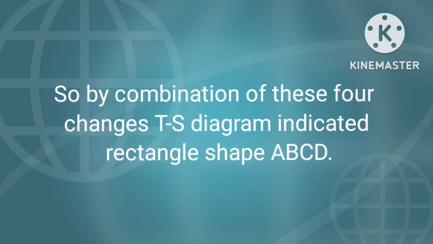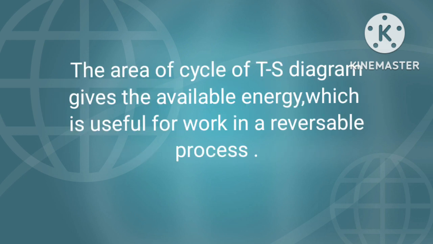So by the combination of these 4 changes, the TS diagram indicates the rectangle shape ABCD. The area of the cycle in the TS diagram gives the available energy which is useful for work in a reversible process.